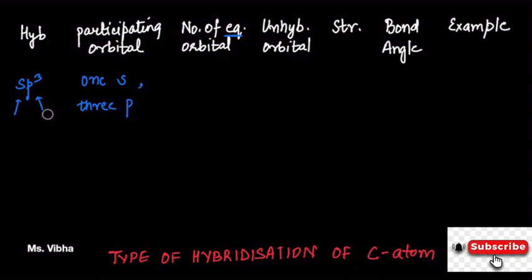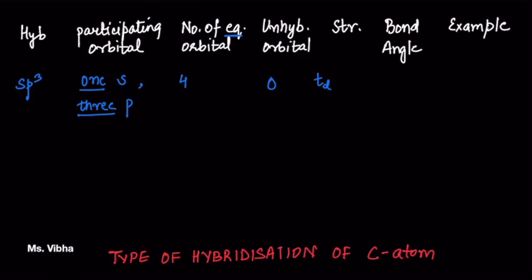Now for calculating this, अगर आपको याद हो पहले भी chemical bonding में कर रखा है, s कितने हैं और p कितने हैं, तो आपको इन नंबर्स को प्लस करना होता है. तो sp3 orbitals कितने बनेंगे, 4 बनेंगे, that is 4 equivalent orbitals. कितने अनहाइब्रिडाइज ऑर्बिटल है, 0. कोई भी ऐसा नहीं था जो पाई बॉन्डिंग में इन्वॉल्व थे, सारे के सारे सिग्मा बॉन्डिंग में इन्वॉल्व थे. sp3 का क्या स्ट्रक्चर था, दैट वाज टेट्राहेड्रल. बॉन्ड एंगल वाज 109 डिग्रीज 28 मिनट्स. एंड सारे के सारे एल्केन्स के अंदर किस तरीके की हाइब्रिडाइजेशन होगी, मींस जहां जहां सिंगल बॉन्ड होंगे वहां वहां क्या हाइब्रिडाइजेशन होगी, दैट इज sp3. तो द एग्जांपल इज इथेन, मीथेन, और इन जनरल यू कैन से दैट alkane.